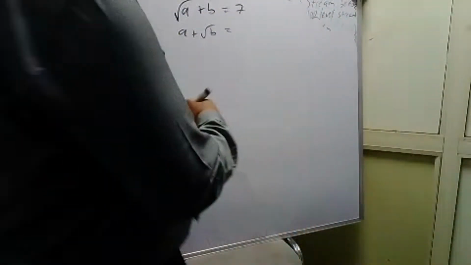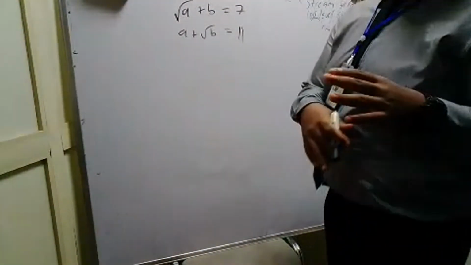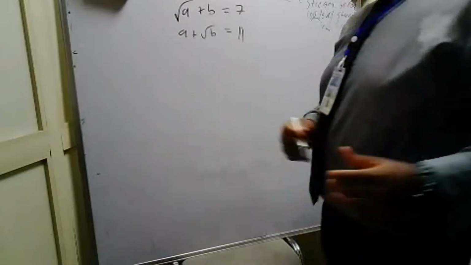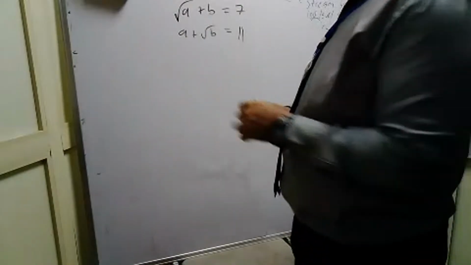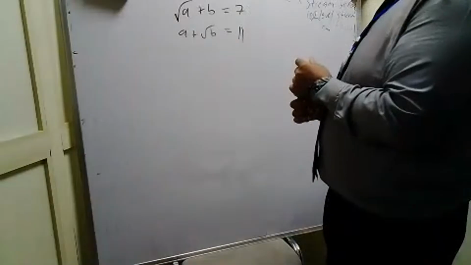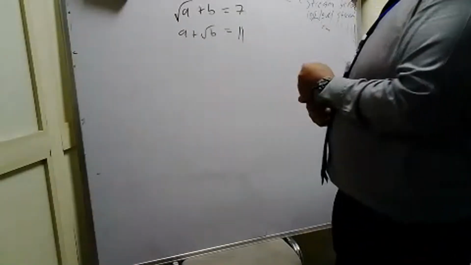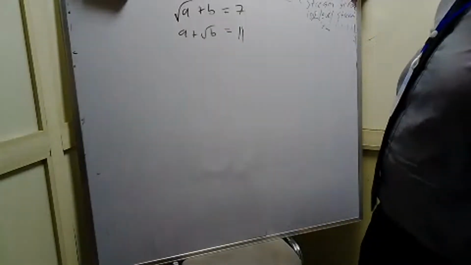This question says that the square root of a plus b is equal to 7 and a plus the square root of b is equal to 11. Now, I've not seen this type of question before, but I believe I'm still going to be able to find a way to handle this. Just look at it for some time.